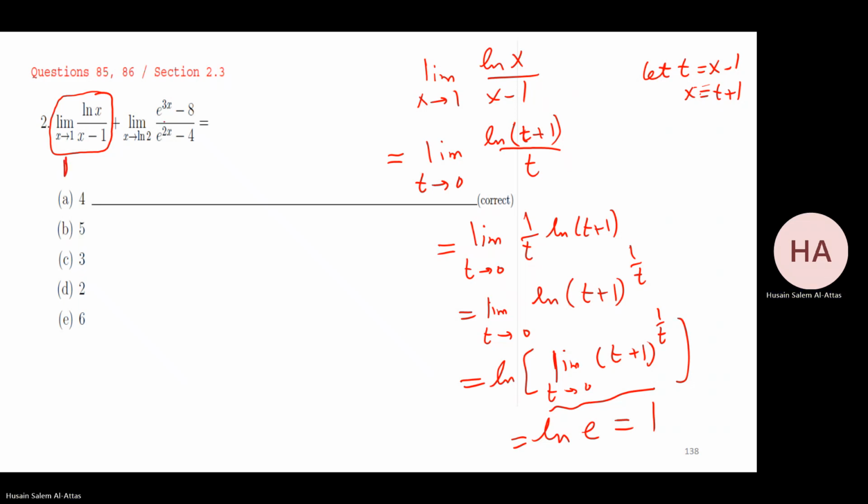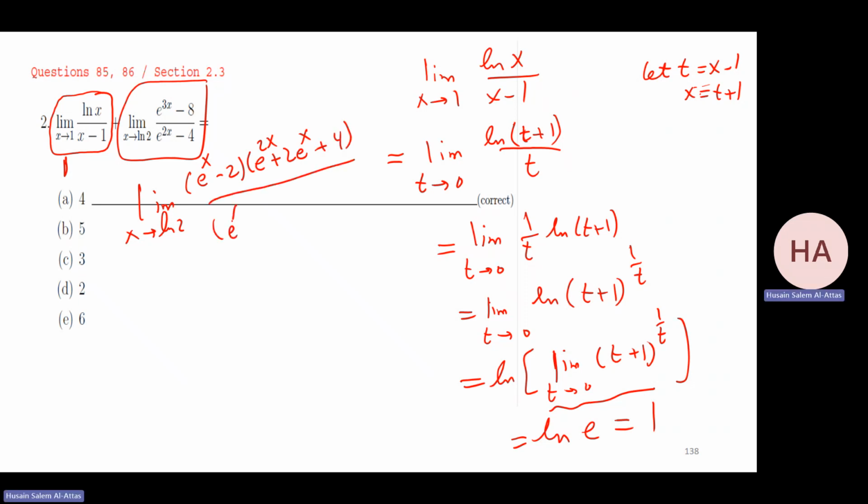This is 1. For this one, you need to do it by factoring, like what we did in the previous one. So that will be (a^x minus 2)(a^(2x) plus 2a^x plus 4) over (a^x minus 2)(a^x plus 2), cancelled. Substitute, you're getting 4 plus 2 times 2 plus 4 over 2 plus 2.